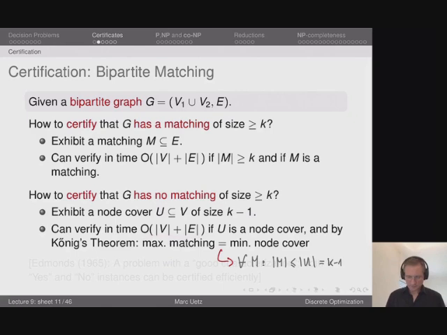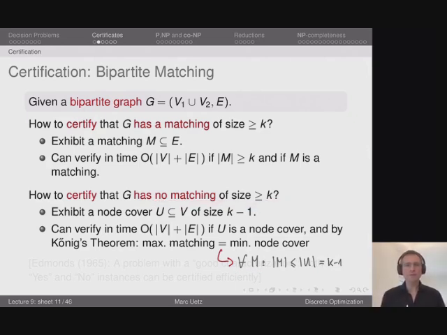And by Koenig's theorem, I know that the size of a maximum matching is equal to the size of a minimum node cover, which means that for all matchings, the size of that matching is at most the size of the node cover that you gave me, which had size K minus 1. So I know that all the matchings must have size at most K minus 1. Okay. In other words, there exists no matching of size at least K.